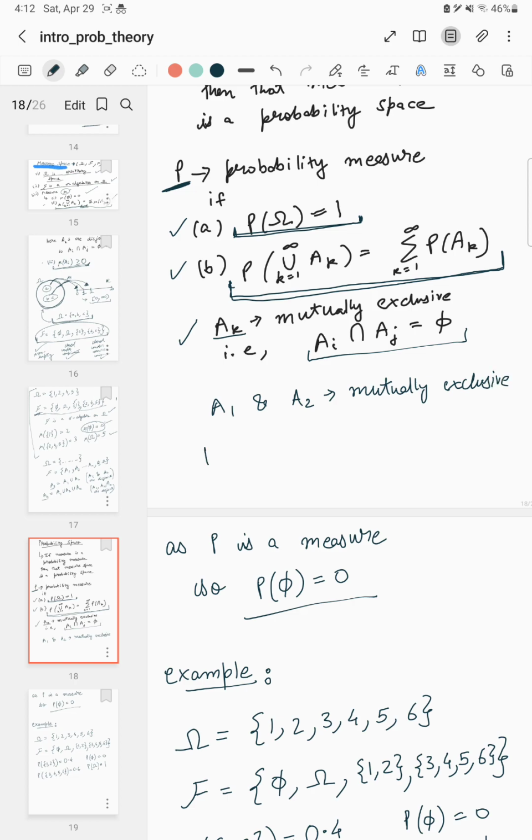Hence the probability of A1 union A2, that is, the probability of either of these two events occurring, is the summation of the probability of A1 plus the probability of A2. And obviously, since probability is a measure, the probability of the null set, which is like no event, is 0.